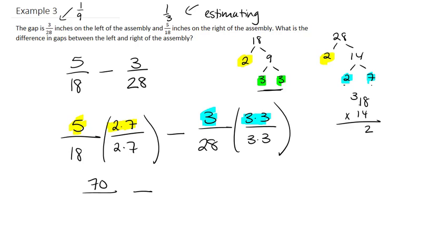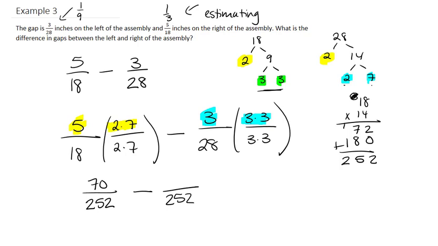Carry the 3, 4 times 1 is 4, plus 3 is 7. 0 as our placeholder. 1 times 8 is 8, 1 times 1 is 1. Add them together, 2 plus 0 is 2, 7 plus 8 is 15, carry the 1, so 1 plus 1 is 2. So now we have 252 on the bottom for both of them.